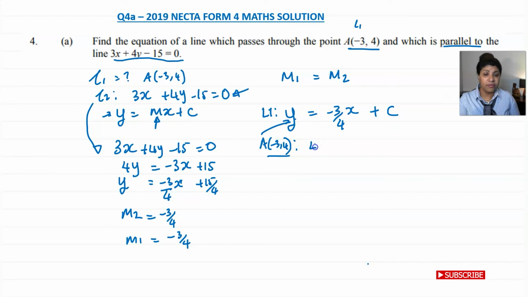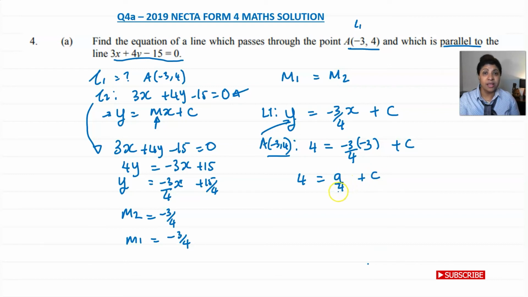So we're going to sub in these values. y is 4, so 4 = -3/4 times x, and x is -3, so we put -3 in here, plus c. Let's simplify this further. So 4 = -3 times -3 is 9, so this part would be 9/4, and then plus c.